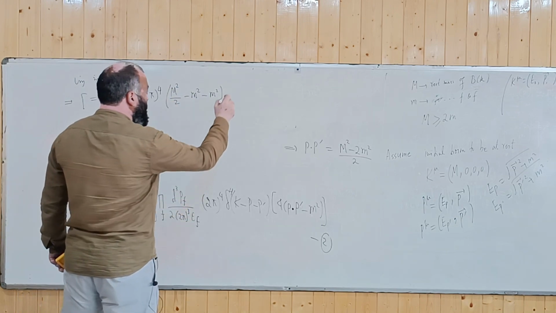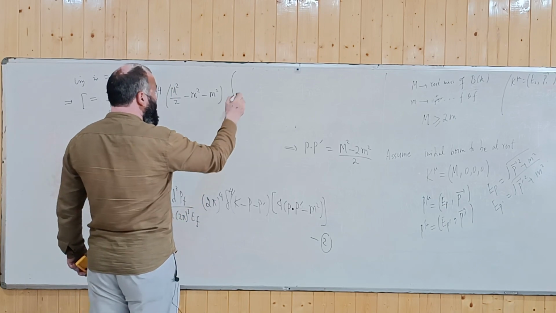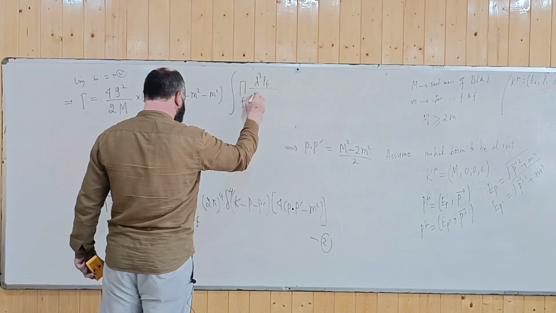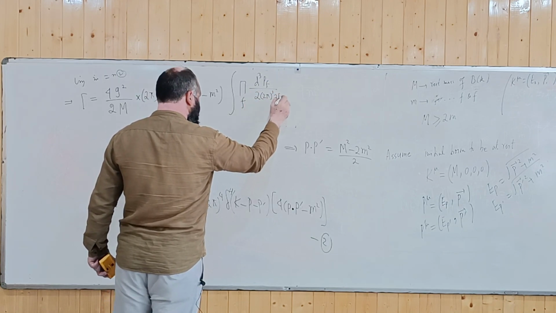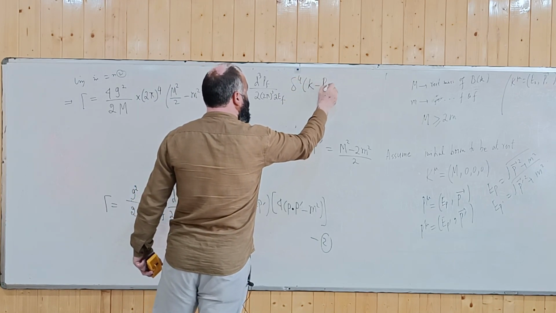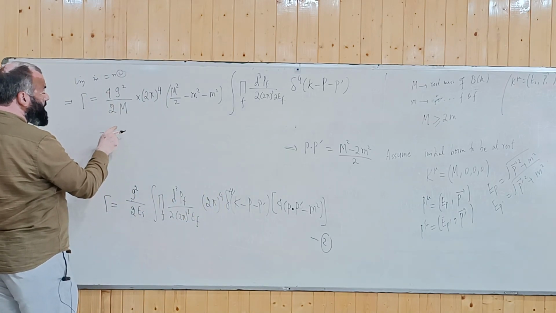Then you have the integral of d^3p over 2 into 2 pi cubed twice, delta 4 K minus P minus P prime.